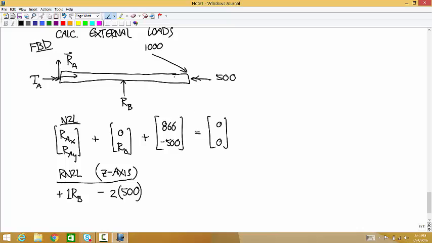That's just getting that 1,000 into components. So the components are going to be 866x, negative 500y.